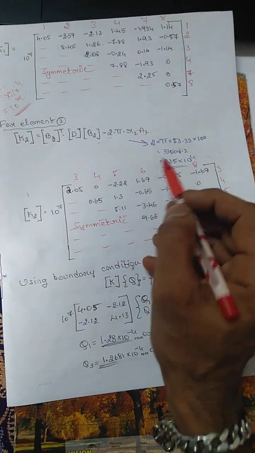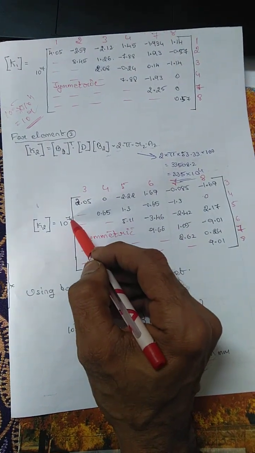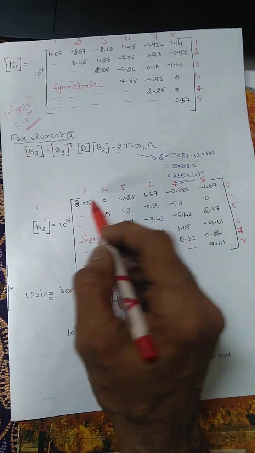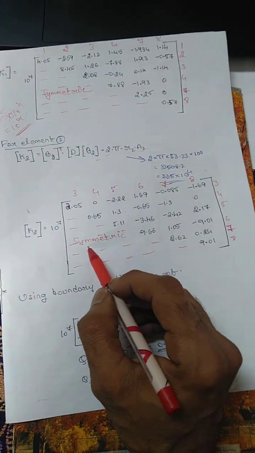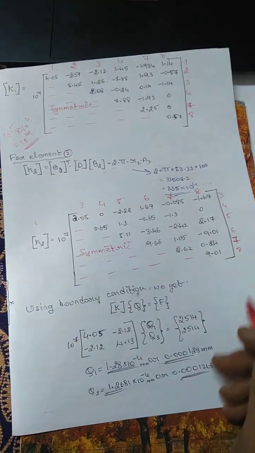Similar to this one, I have considered 10 to the power 7, and taken 10 to the power 2 inside and multiplied, so I have received these values. And same, this is an axisymmetric problem, so these terms are symmetric.